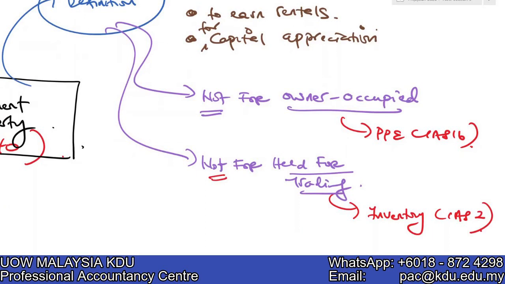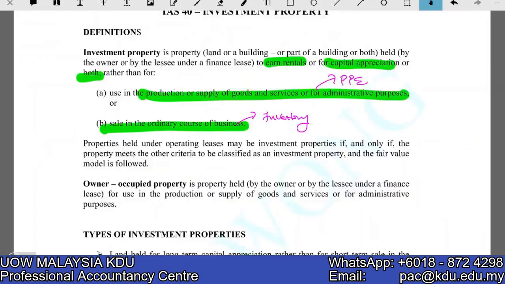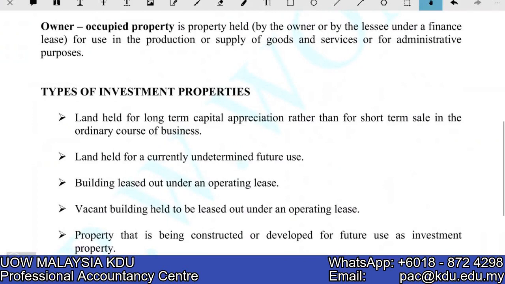Okay. So example, what are those types of investment properties? If you turn to page 94. So it's to earn rentals or for capital appreciation or for both. So investment properties are, for example, land held for long-term capital appreciation rather than short-term. Or even if the land held is currently of undetermined future use.